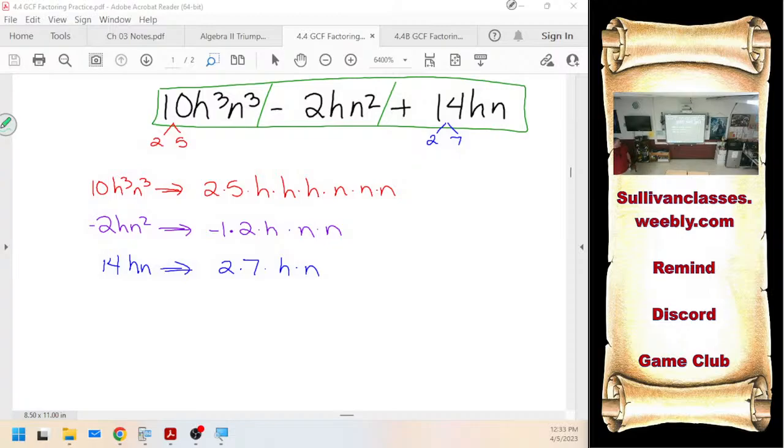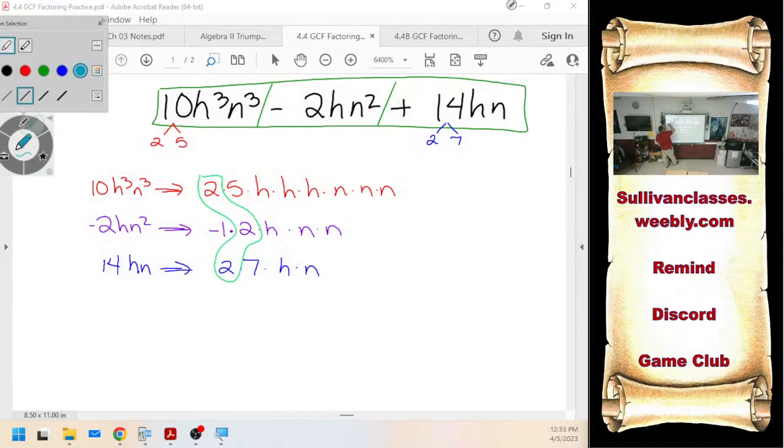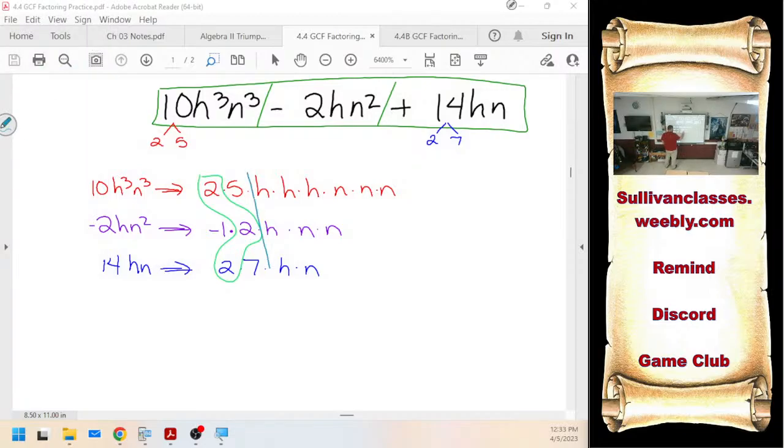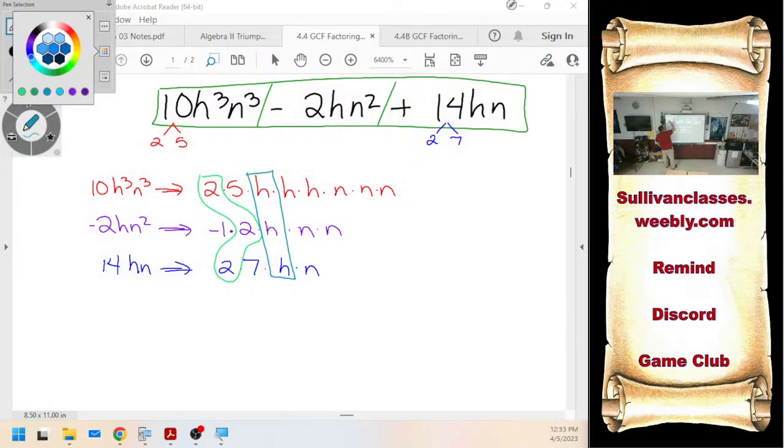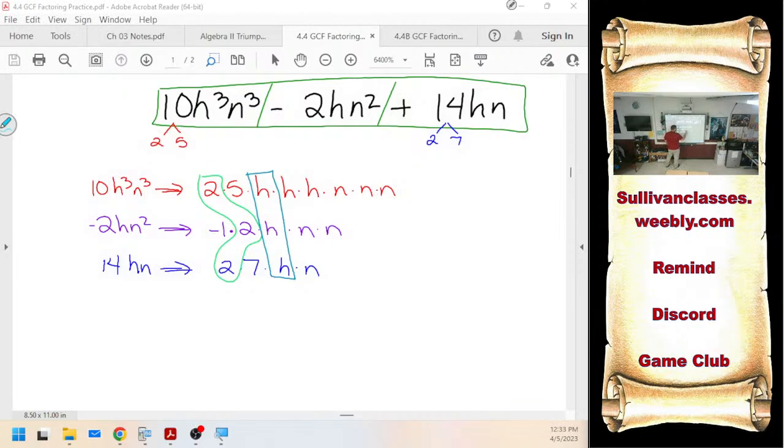When they're stacked vertically like this, isn't it a little bit easier to see what they have in common? Okay, so I see a 2 in common. I see H in common. And I see a N in common.